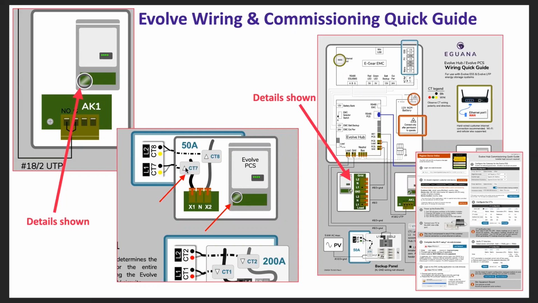And the arrows shown on the CTs show which direction the arrows point for those CTs. Again, the details for the AK1 wiring, which would be on the first page of the quick guide, are shown here, where that AK1 connector is and what type of conductor gets connected to that connector and then back over to the Evolve Hub. The second page of that quick guide shows the commissioning steps required, and those are reviewed in more detail during the commissioning phase of the training.